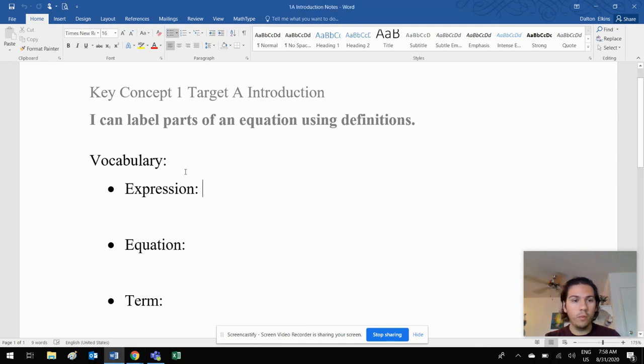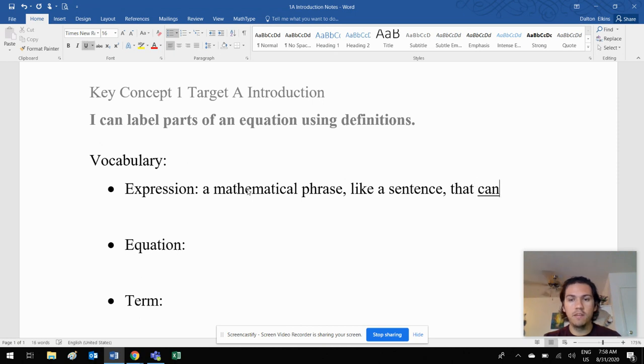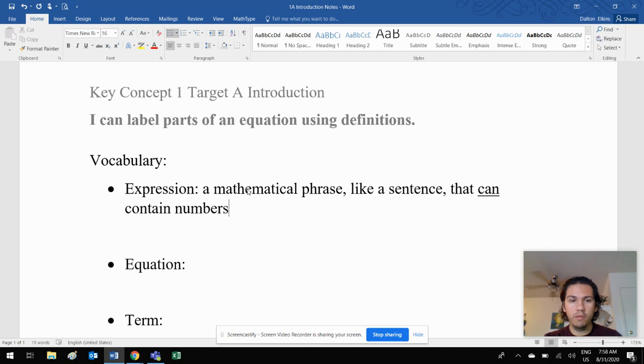The first word that we're going to define is expression. An expression is a mathematical phrase, like a sentence. It has numbers and other things, and it doesn't have to contain numbers like 1, 2, 7, 10, -5, 0.2, things like that.